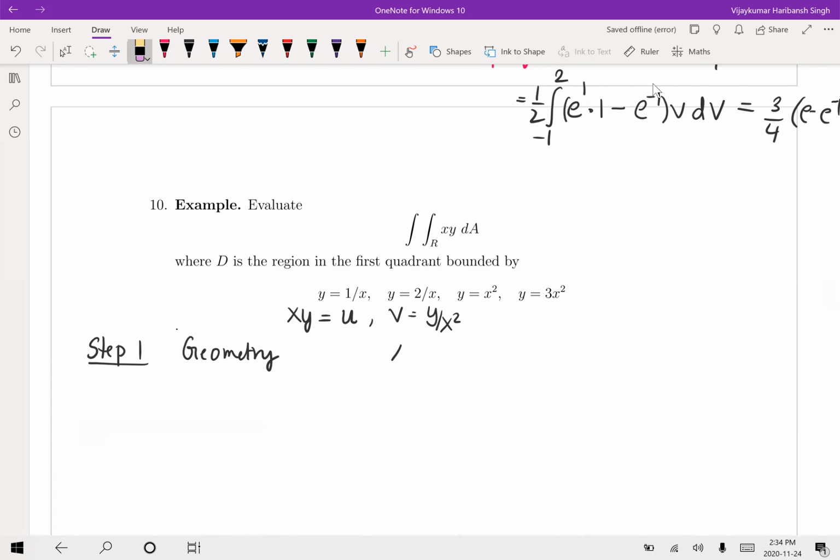So now we get the geometry: we got a rectangle.